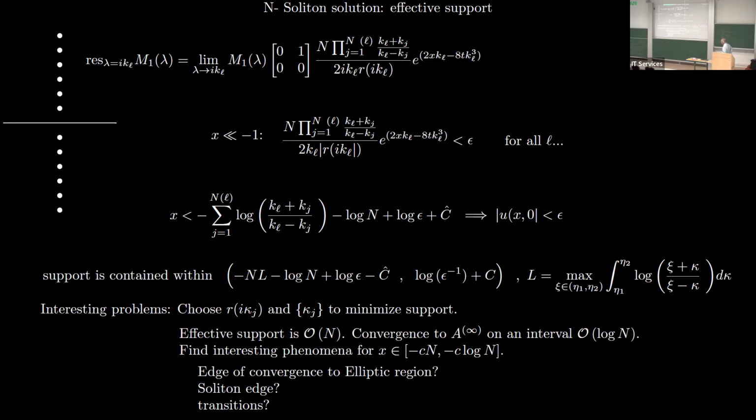And there ought to be some kind of an edge of the convergence to the elliptic background wave. There ought to be a soliton edge. There should be some transitions. Probably a lot of the existing asymptotic analysis can be just ported over and reinterpreted in this setting. But it's the finite n soliton behavior as n grows type of problems.